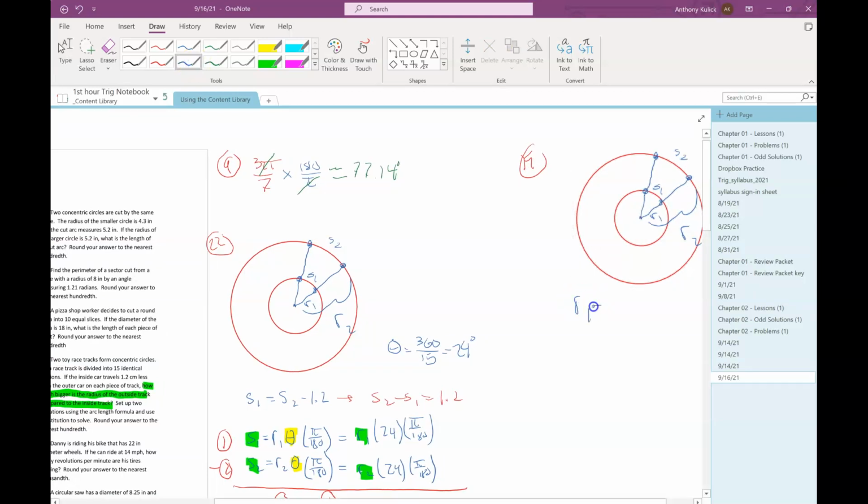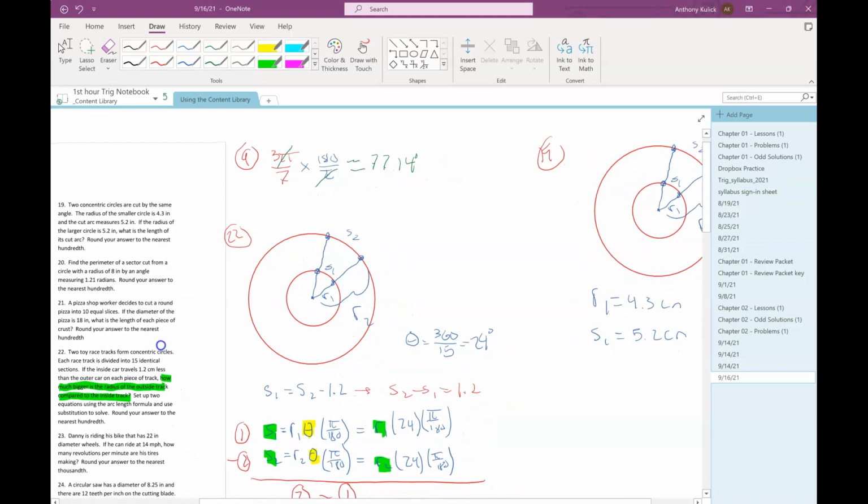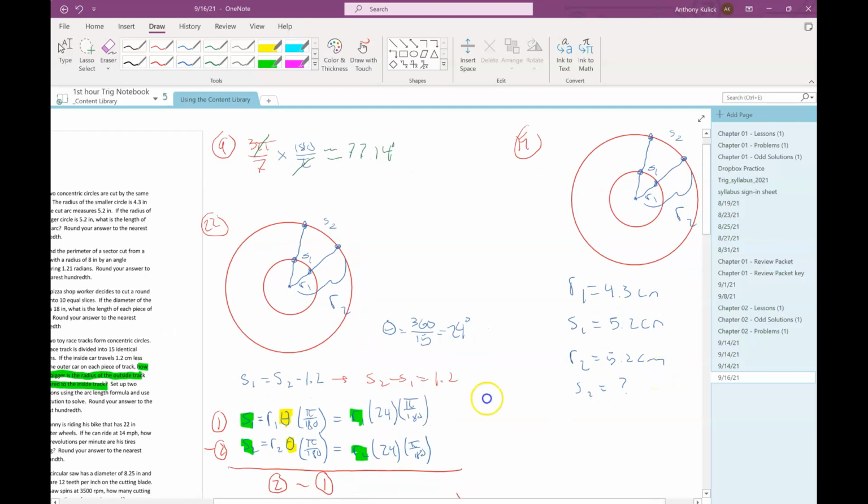So we know R1 is 4.3, and S1 is 5.2. If the radius of the larger circle is 5.2, what is the length of the cut arc? Round our answer to the nearest hundredth.